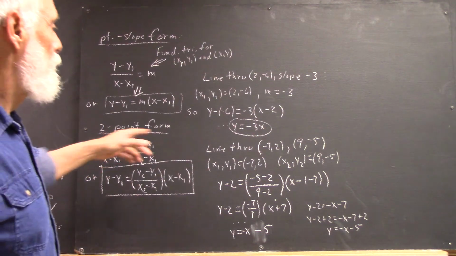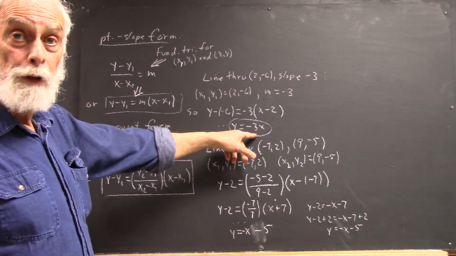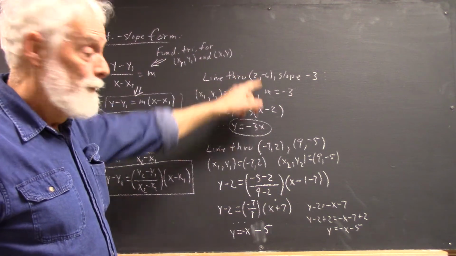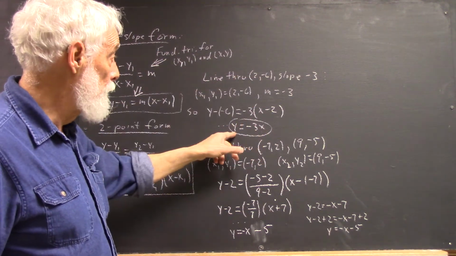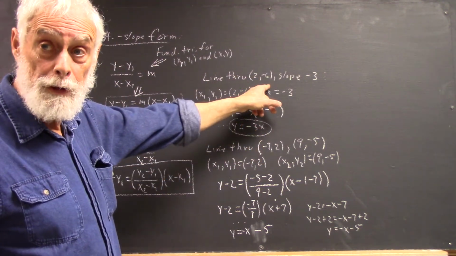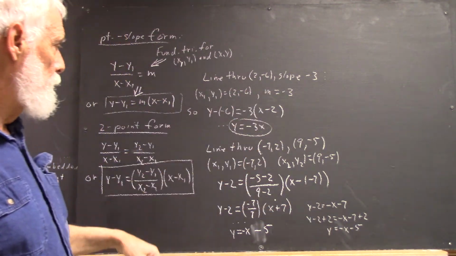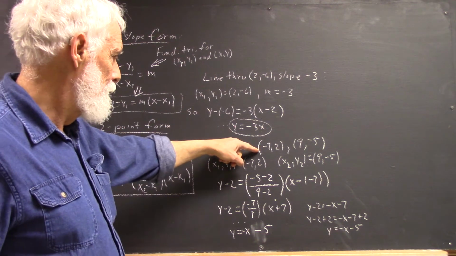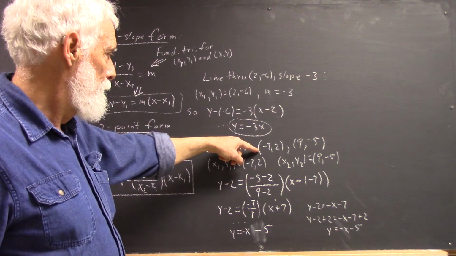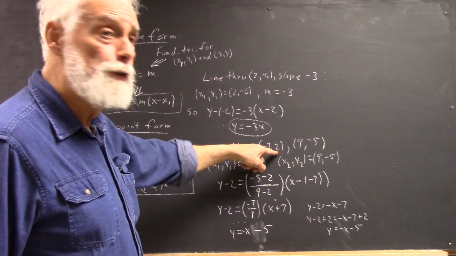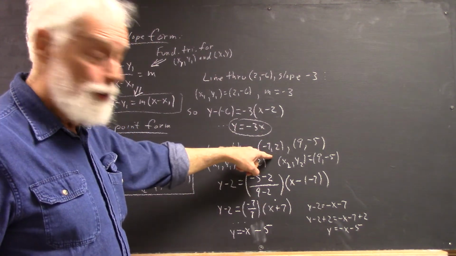Should have worked. If we come up here, y equals negative 3x. If x is 2, we get negative 3 times 2, which is negative 6. It confirms this point, right? Let's see if this confirms the other point. If x is negative 7, then we get 7 minus 5, which is 2. So this point works.